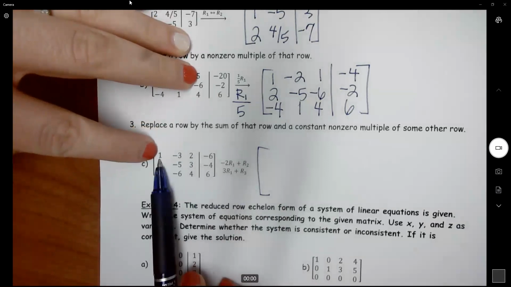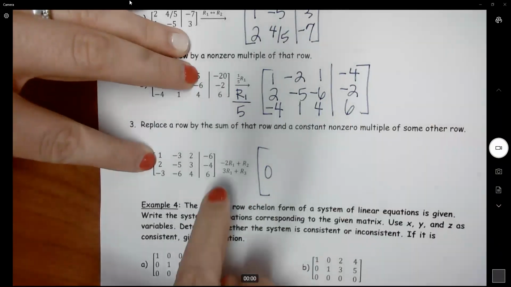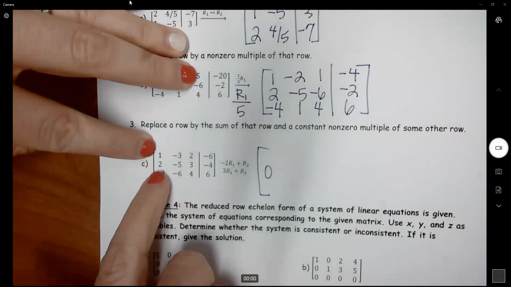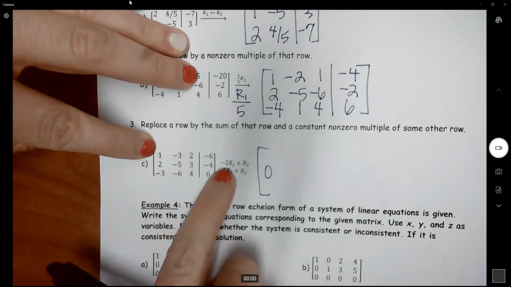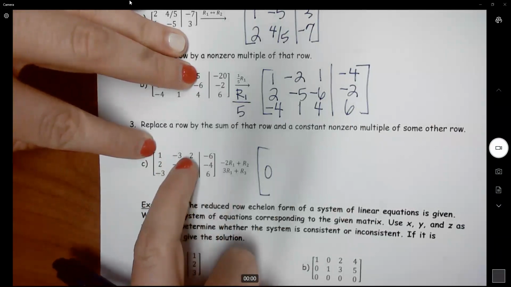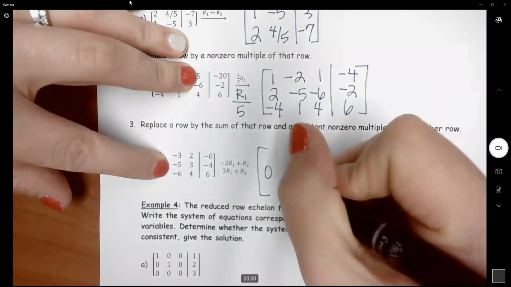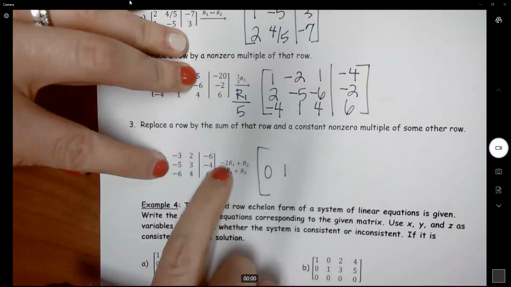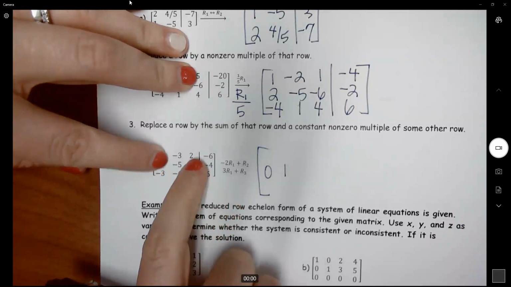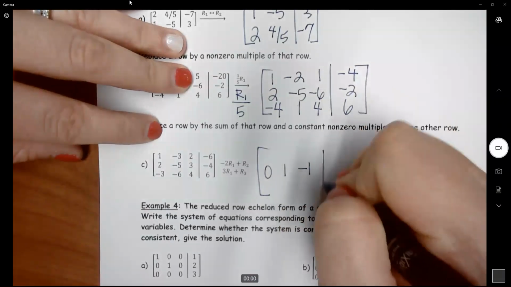-2 times 1 is -2, plus 2 is 0. Do that for all of those numbers. -2 times -3 is positive 6, plus -5 is 1. -2 times 2 is -4. -4 plus 3 is -1.